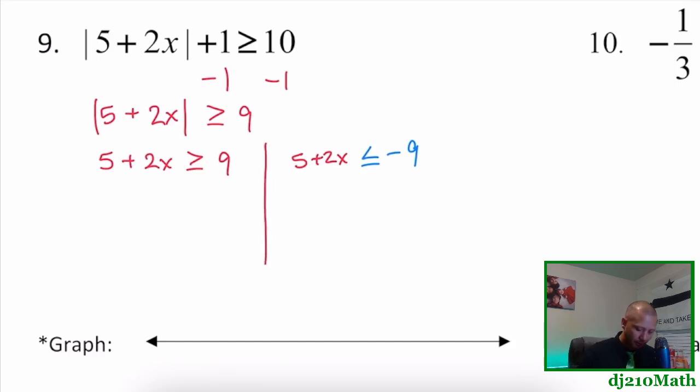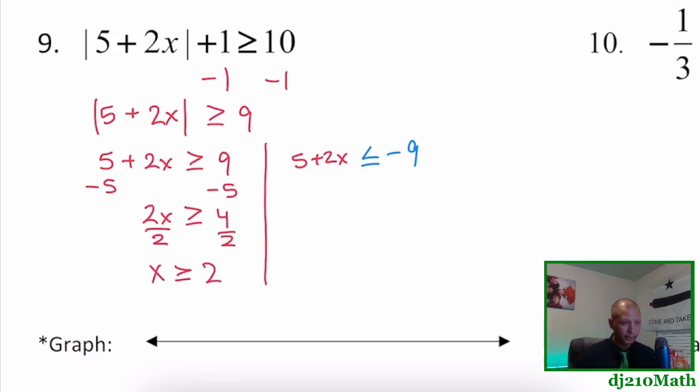All right, solving on the left, we have minus 5 to both sides. So 2x greater than or equal to, 9 minus 5 is 4. Divide both sides by 2. x greater than or equal to, 4 divided by 2 is 2. So that's 1 inequality.